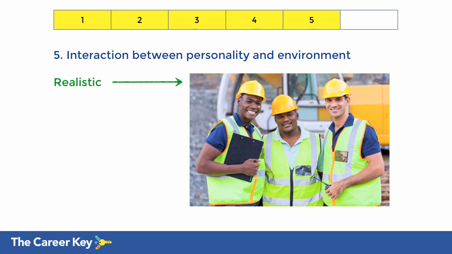If you are working, for example, with people who have a personality like yours, you are likely to act and feel positive. You are more likely to be successful and satisfied. So that, for example, these men with realistic personality enjoy working together and are successful in this realistic work environment.